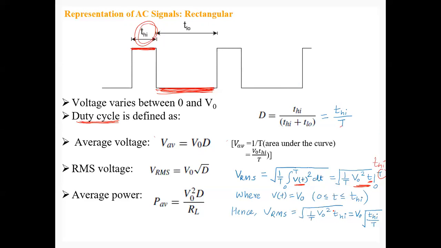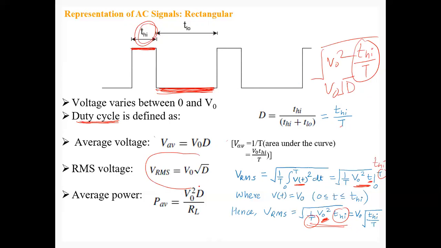T high over T is D. So you get V0 times the square root of T high over T, which is V0 times the square root of D.